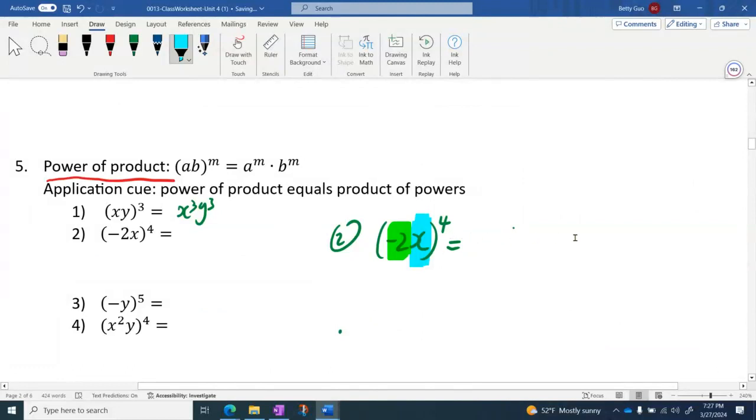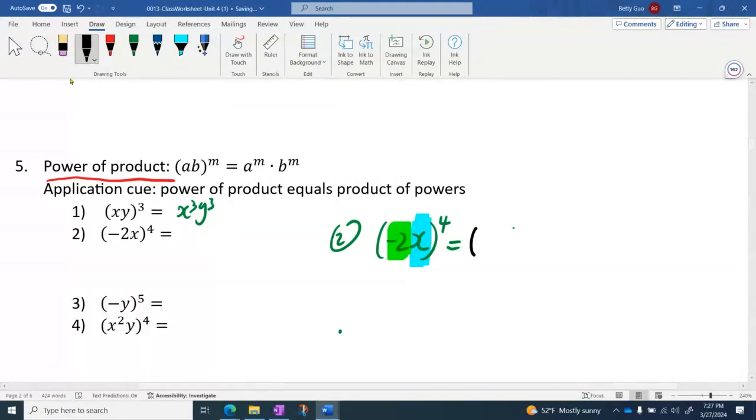I see a fourth power of a multiplication. The product has two factors, the green and the blue. So by the power of a product formula, power of product equals product of powers.